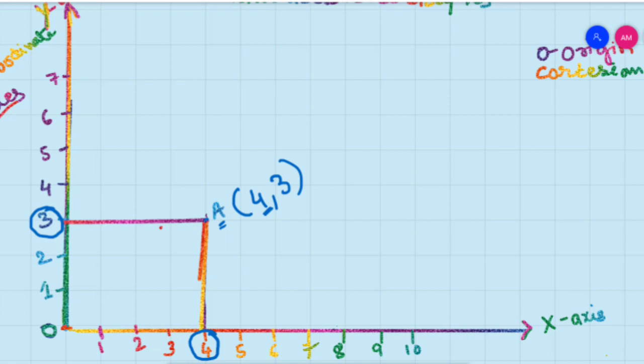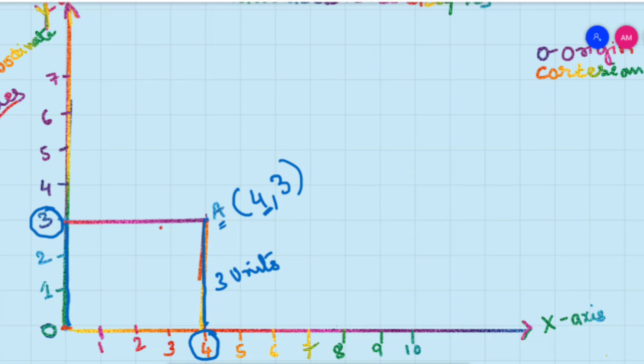Now from here one more thing is very much clear. Point A is 3 units away from x-axis. See here. This line is 3 units. So is this line. So you can say that point A is 3 units away from x-axis.